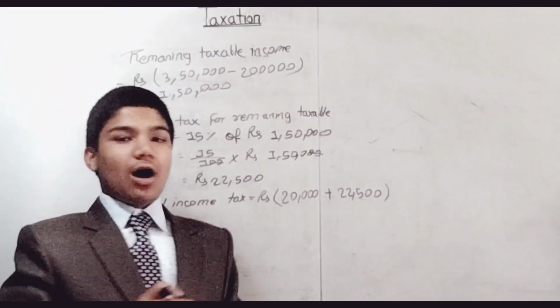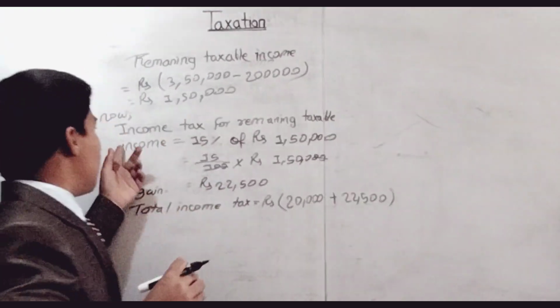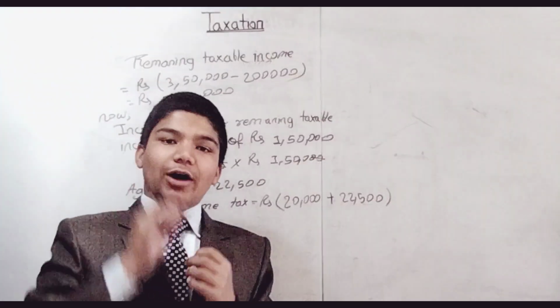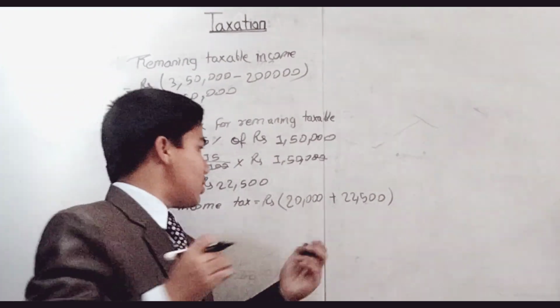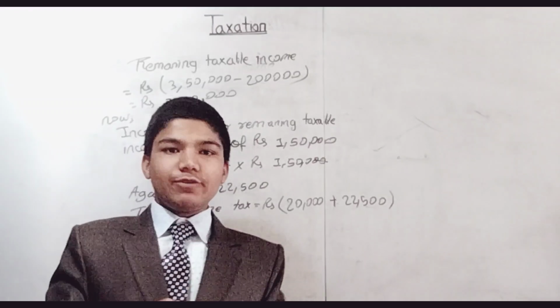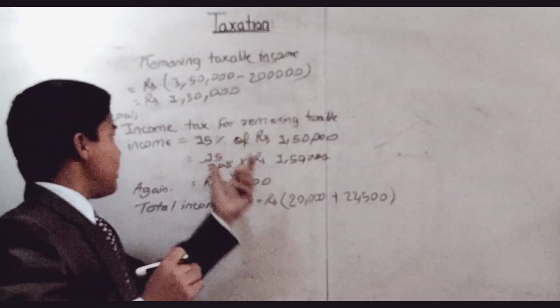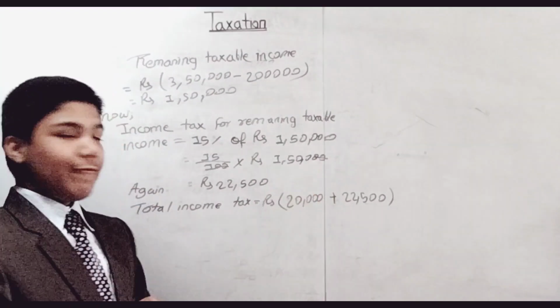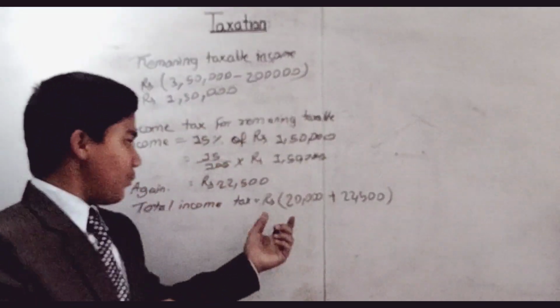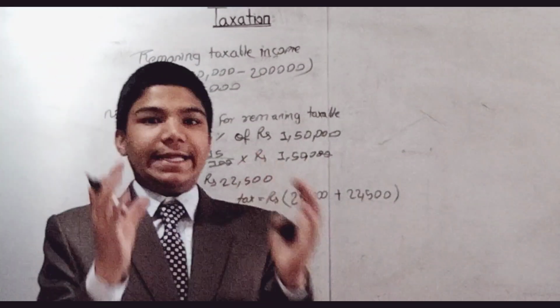This 20,000 is the income tax which you found for 2 lakh, and this 22,500 is income tax of the remaining taxable income, which is 1,50,000. So here we put both, and when we add these both, we will get total income tax.